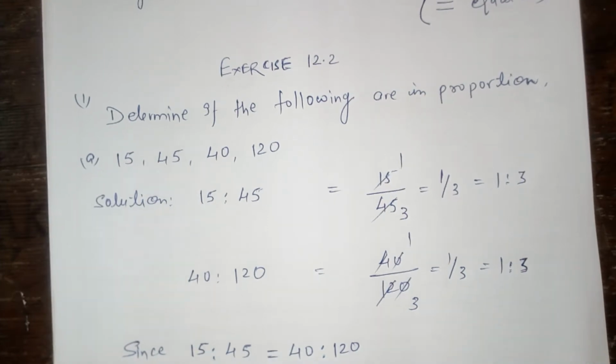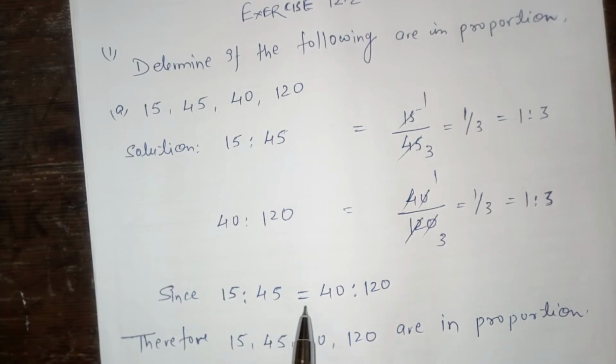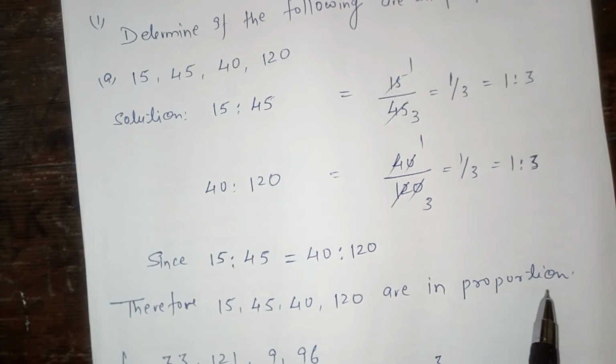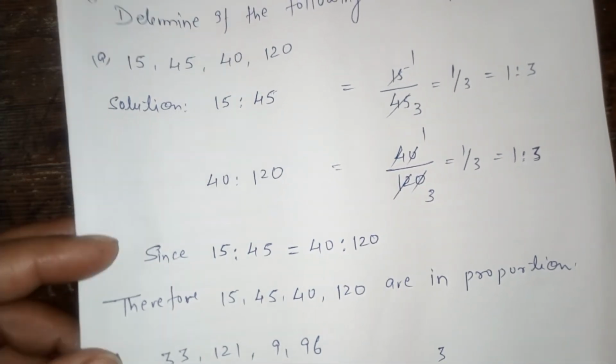So what will you write? Since 15 is to 45 is equal to 40 is to 120, therefore 15, 45, 40 and 120 are in proportion.